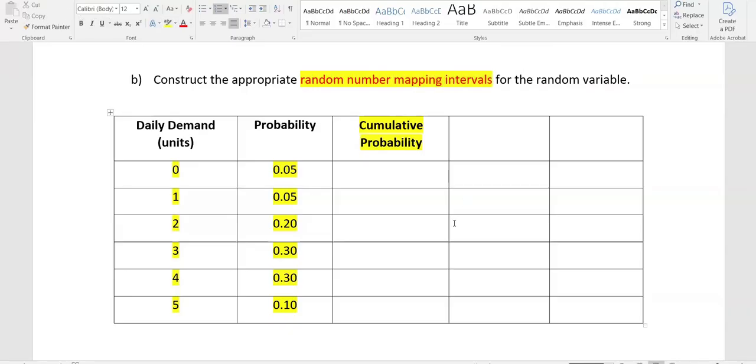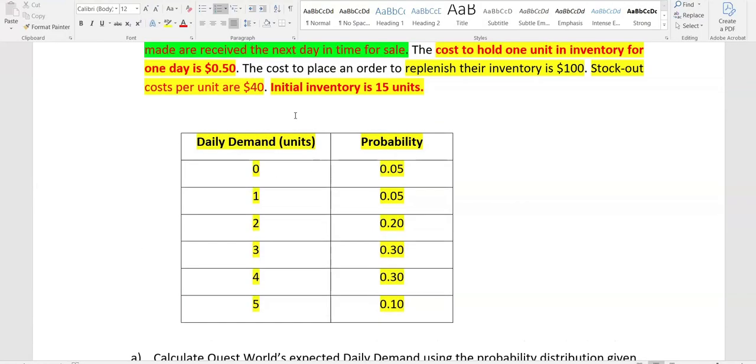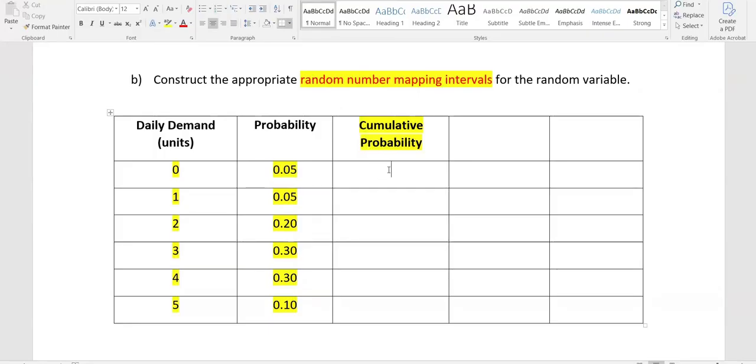So we take the same original table that we were given, which just had daily demand and probability, and I add an extra column called cumulative probability. I'll tell you about the other 2 columns shortly. Let me make sure you understand where we are. We're at B, where we're asked to construct the appropriate random number mapping interval for the random variable.